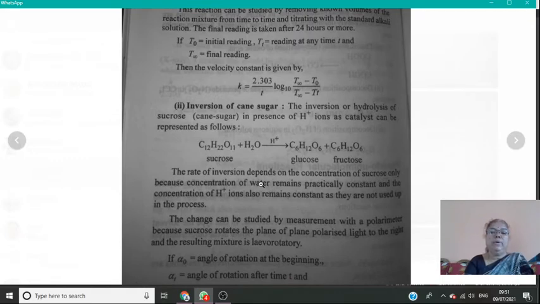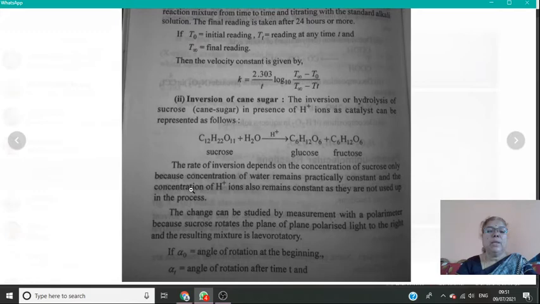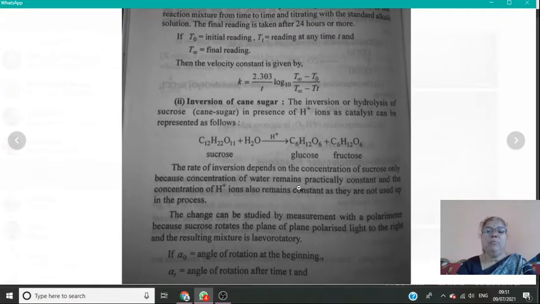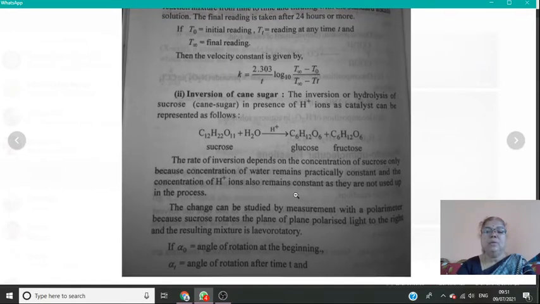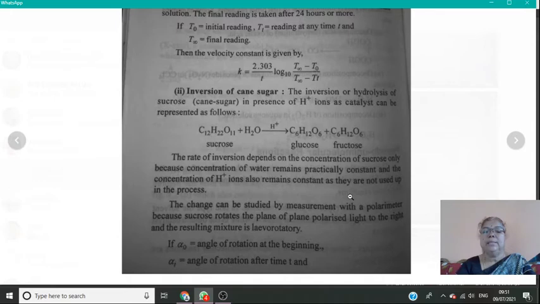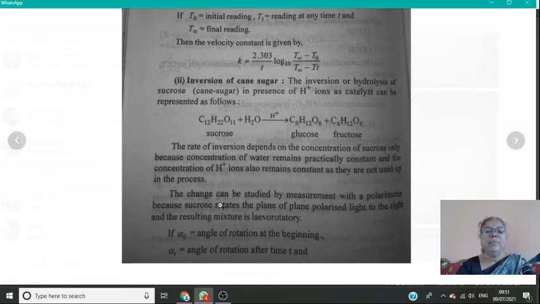The rate of inversion depends on the concentration of sucrose, because the concentration of water remains practically constant and the concentration of H plus ions also remains constant, as they are not used up in the process.